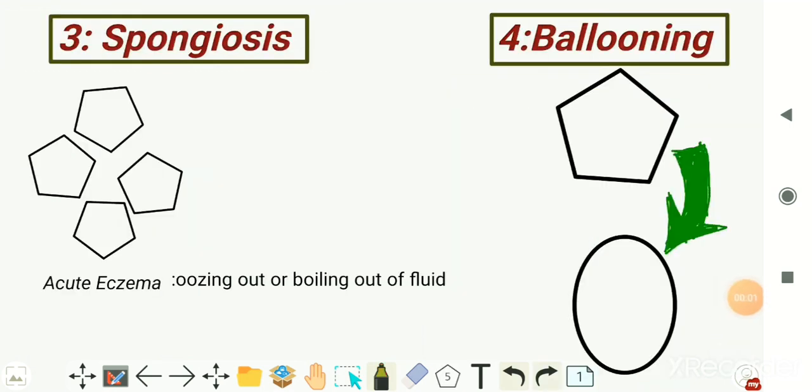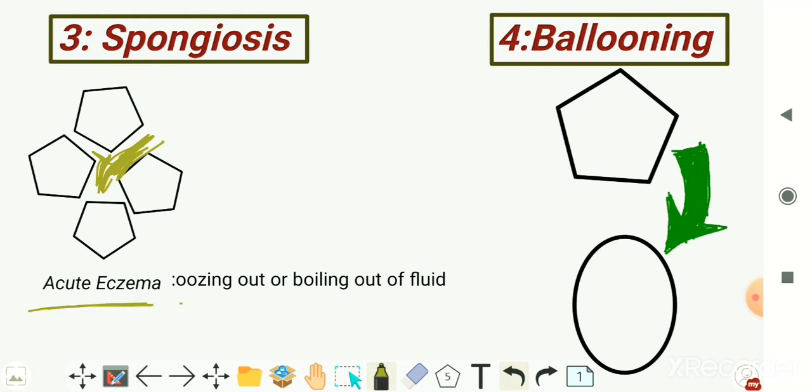Right, now let's continue with other histopathological findings, that is spongiosis and ballooning. Spongiosis is the extracellular accumulation of fluid in stratum spinosum, and it is seen in acute eczema.